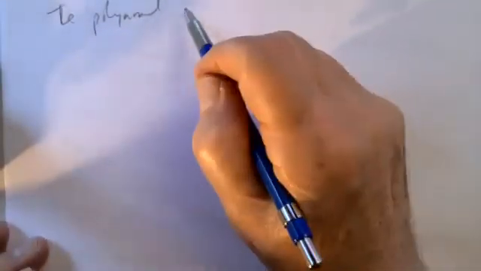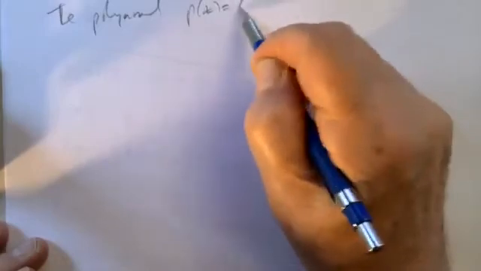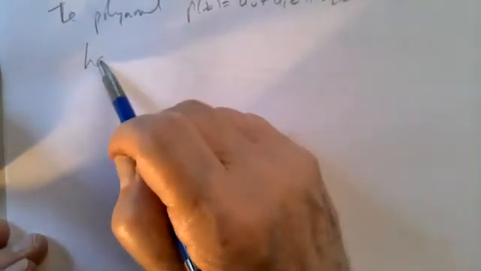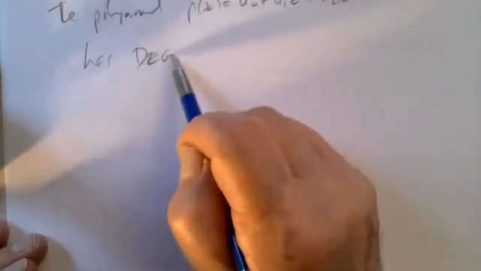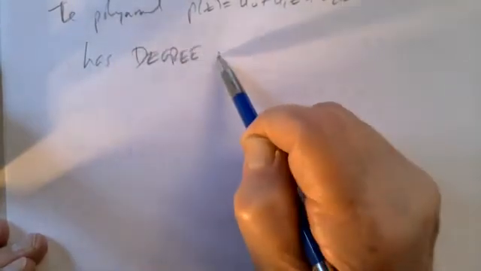And the polynomial A0 plus A1Z plus A2Z squared up to A sub M Z to the M, we say this has degree M if the coefficient A sub M isn't 0.